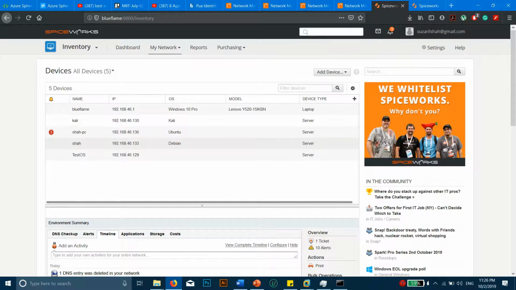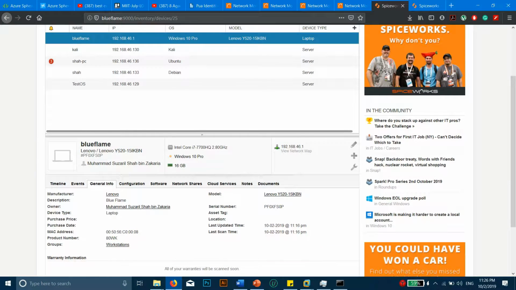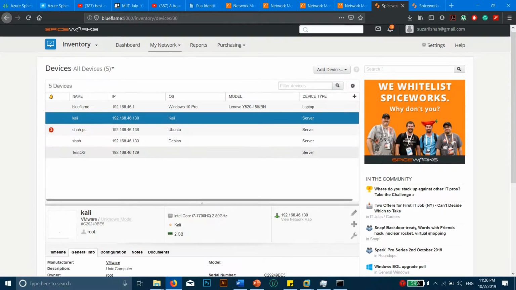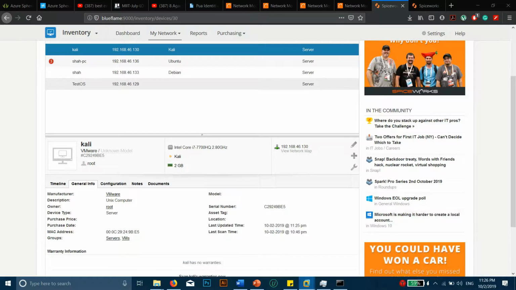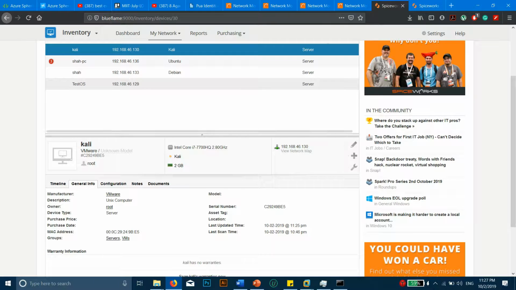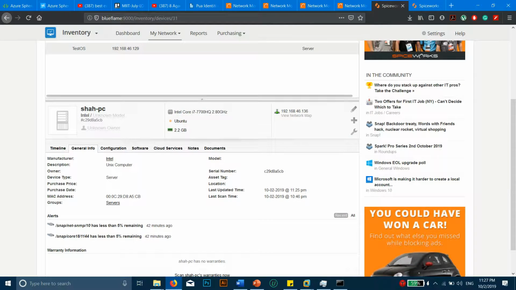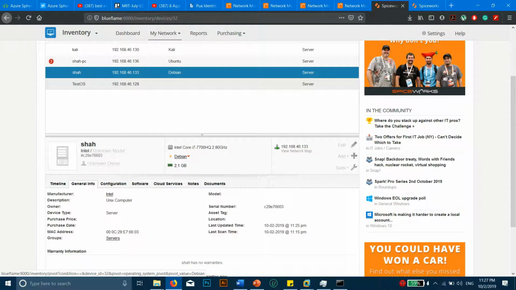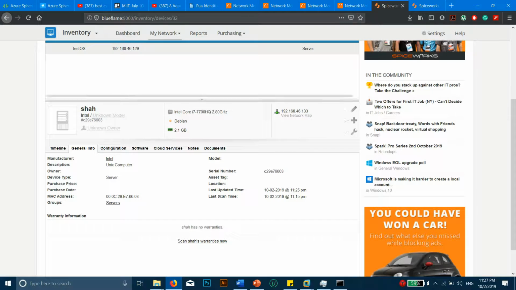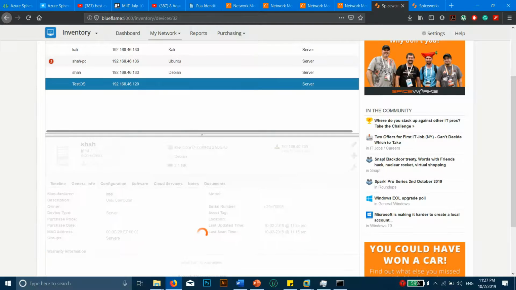First of all is my own computer, and then the Kali Linux OS. And as I said earlier, I allocated 2 gig of RAM to each of the operating systems, and it shows here the specification of the network devices.